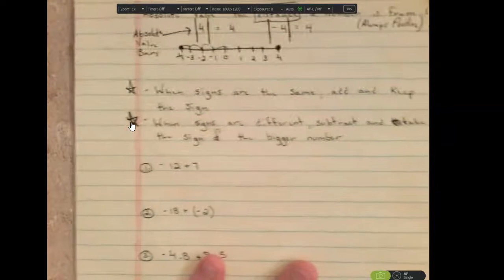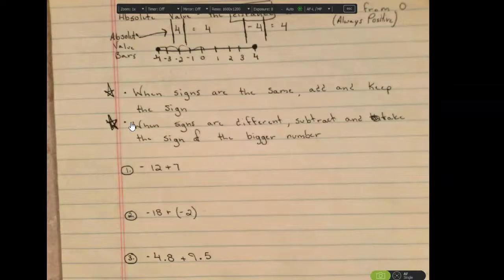Your rules are: when signs are the same, meaning I have 2 positives or 2 negatives, you want to add and keep the sign. So if you're adding 2 positives together, add those 2 numbers and keep that positive sign. Same thing if I had 2 negatives: add those numbers together and keep the sign the same.